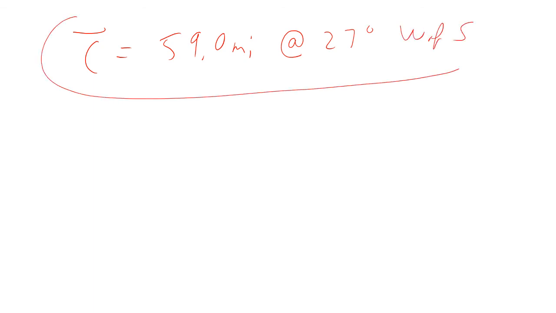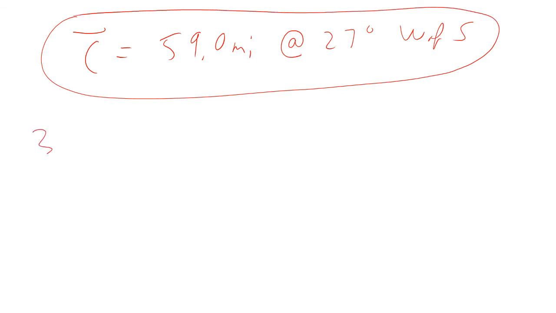We could then say that vector C, which is what this thing was doing, was 59.0 miles, and it was going in a direction of 27 degrees west of south. So that is the displacement.